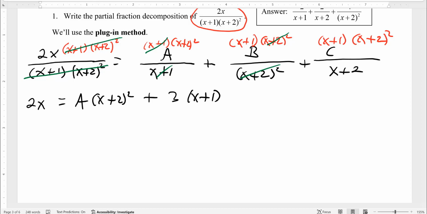And the last fraction, one of the x plus 2's cancel with the 1 on the bottom, leaving us with x plus 1 times x plus 2 times the C, of course.